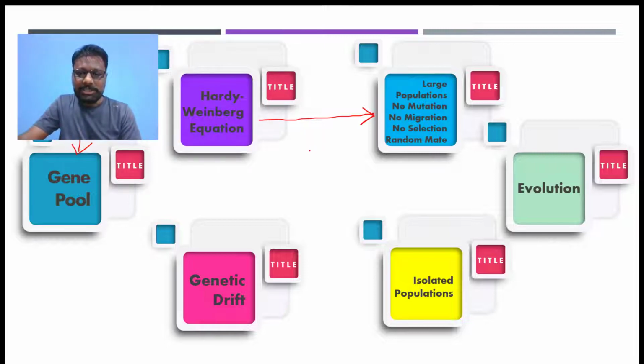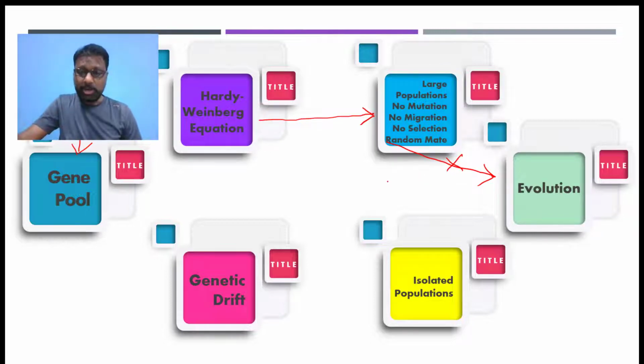If all these forces are absent, the total number of genes in the gene pool will always be maintained. Otherwise, if these operate, there will be an evolution process.